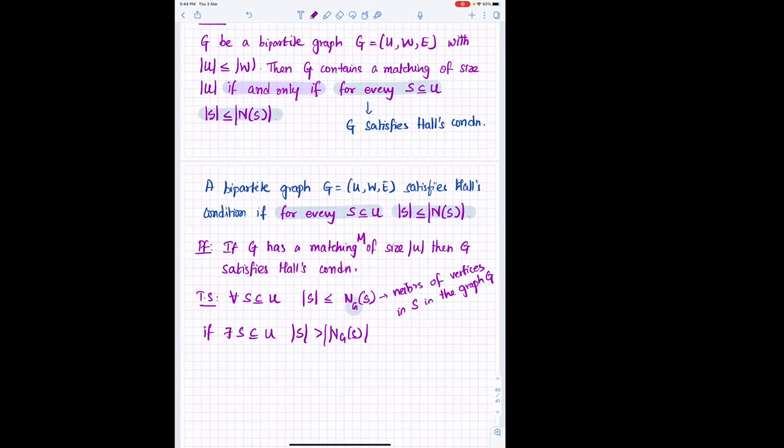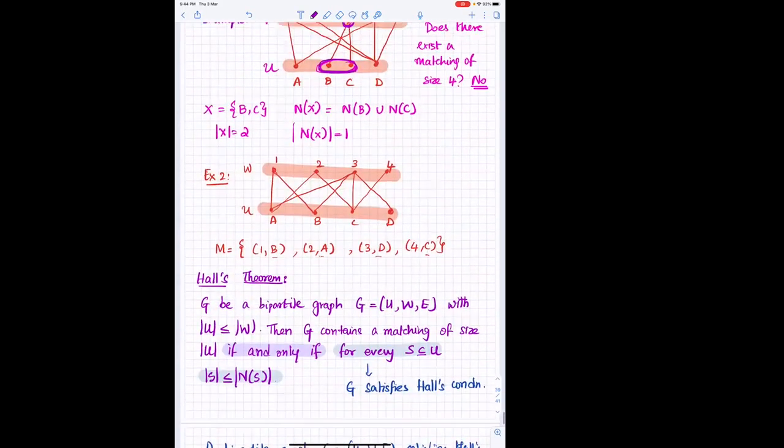Then we'll run out of the neighbors. Right? So then M could not have saturated. Saturated, all of you, right? Is this clear? It's exactly what comes up from this example.